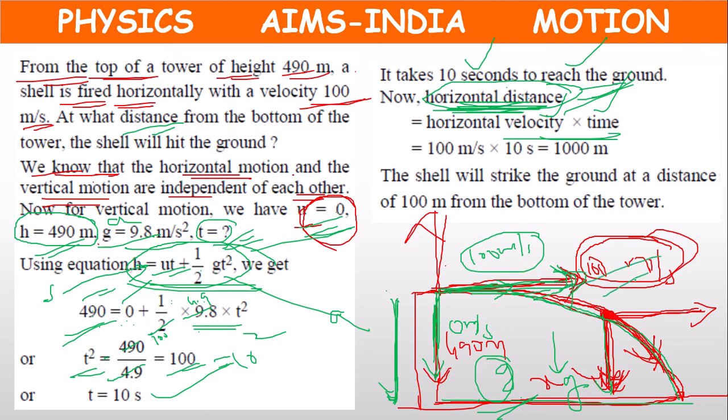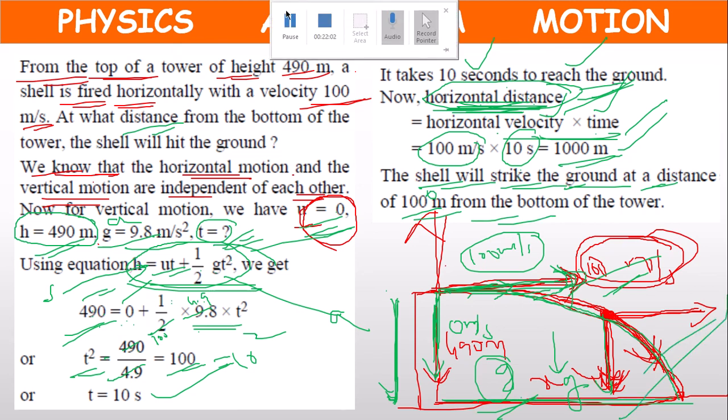So horizontal distance equals horizontal velocity into time. The velocity is 100 meters per second, the time is 10 seconds, so 100 into 10 is 1000 meters. So the shell will strike the ground at a distance of 1000 meters from the bottom of the tower. So that is the answer.